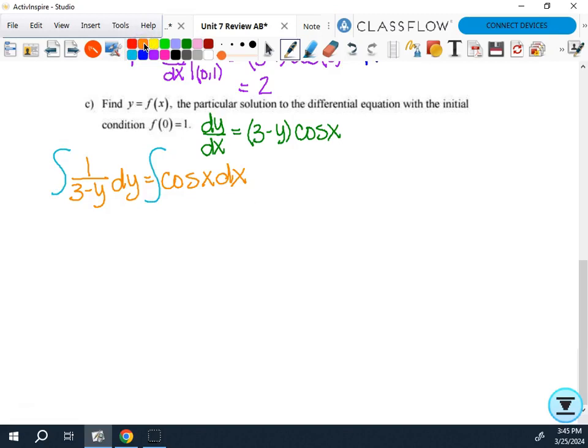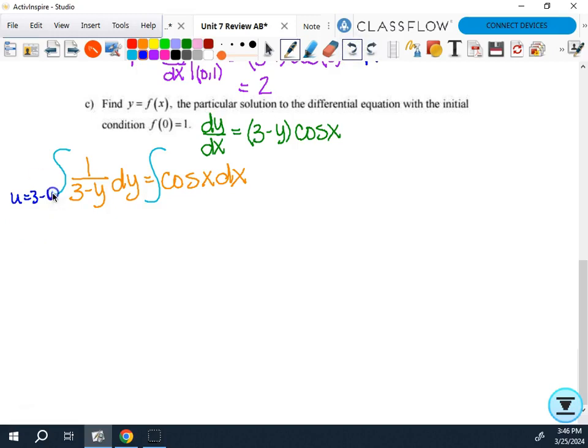So over here, this is 3 minus y to the negative 1. So it's like having 1 over y. So it's a natural log, but it's not just a y down there, and so we want to be really, really careful. Let u equal 3 minus y.